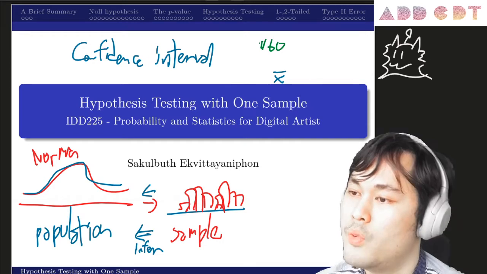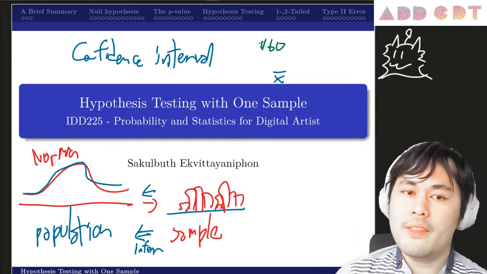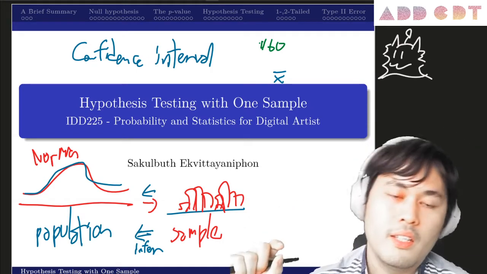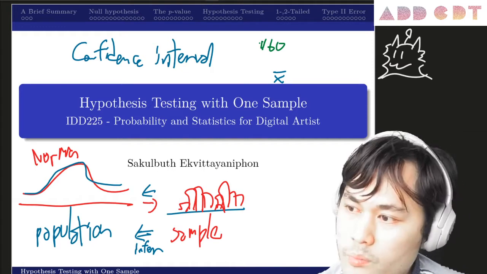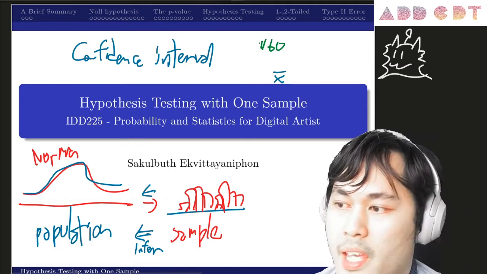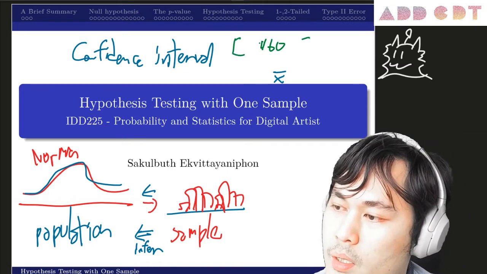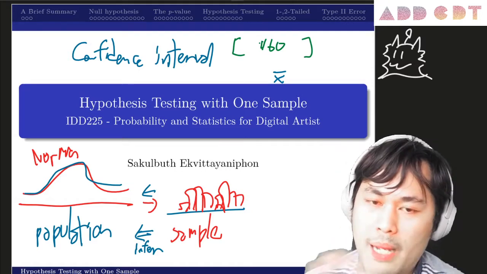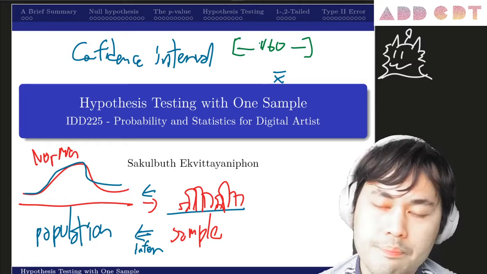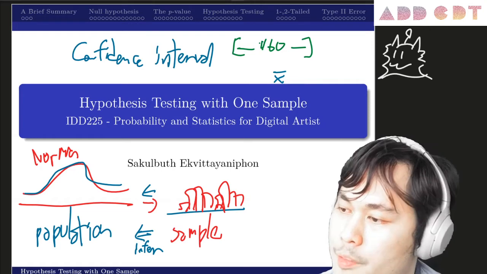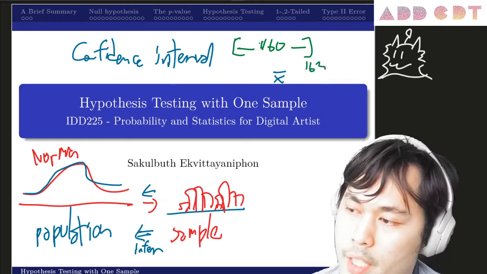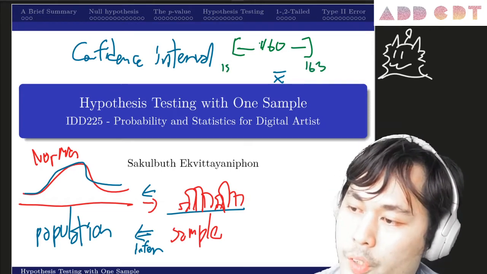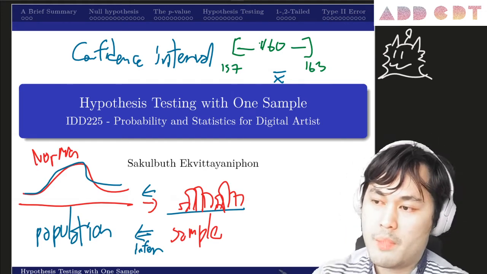Since there is no way we can get the right population mean, at best we can say it should be between this number, 160, plus or minus something, maybe plus or minus 5, or let's say 3. Maybe that's the best we can do.